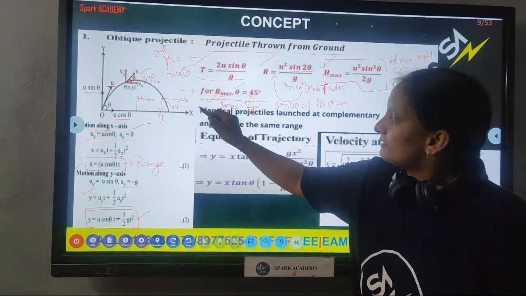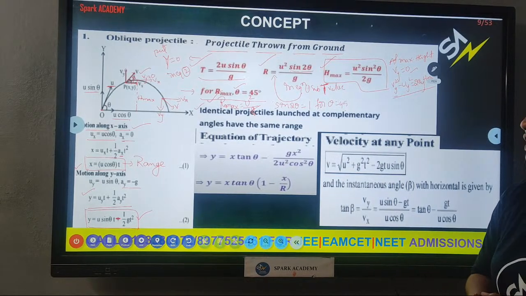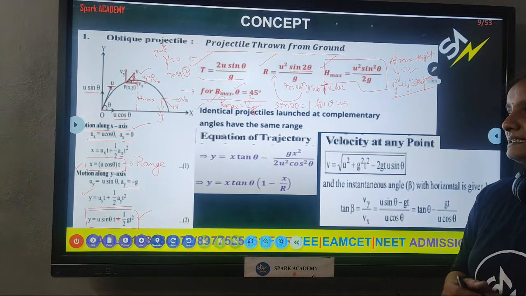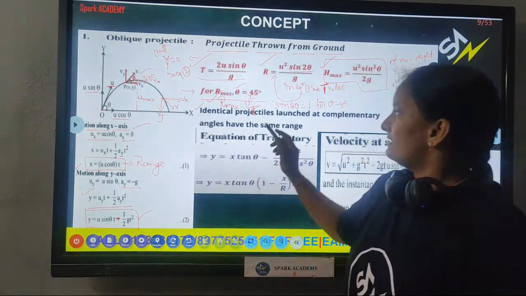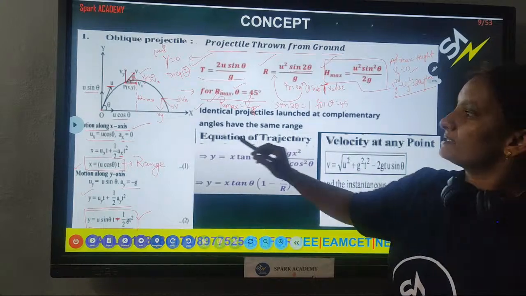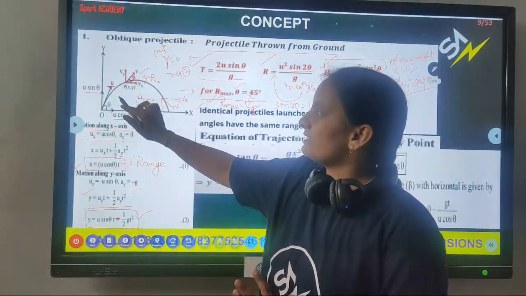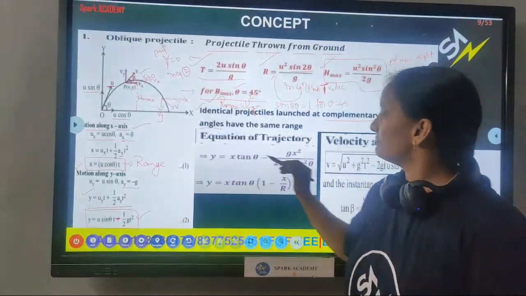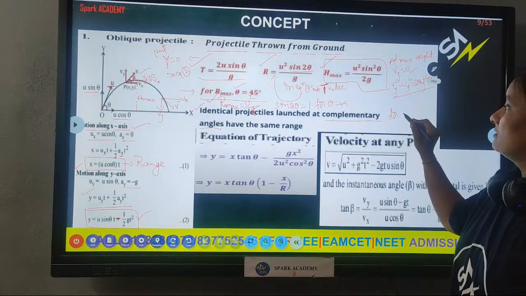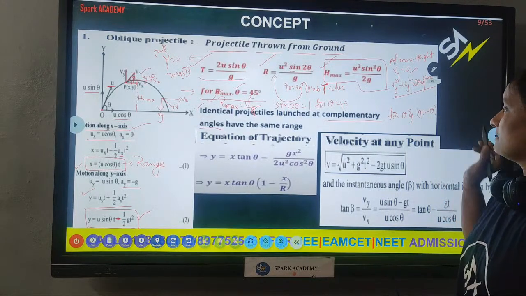Next point. Identical projectiles launched at complementary angles have the same range. Identical projectiles launched from the same point, with objects projected at complementary angles, means theta and 90 minus theta.